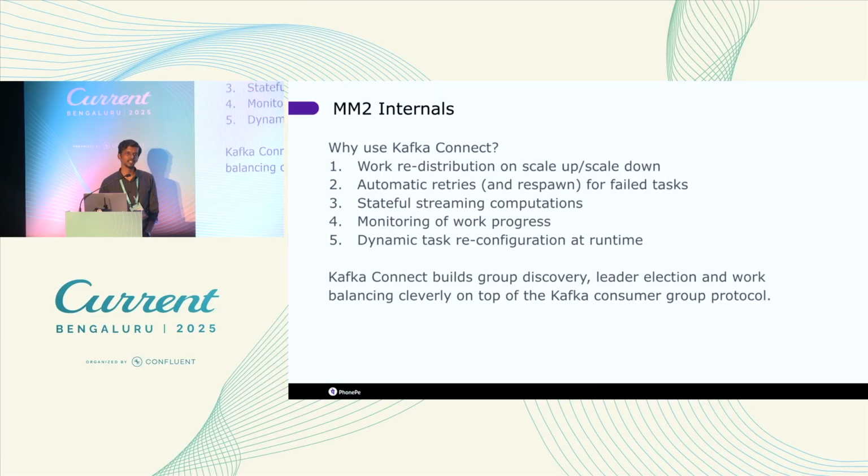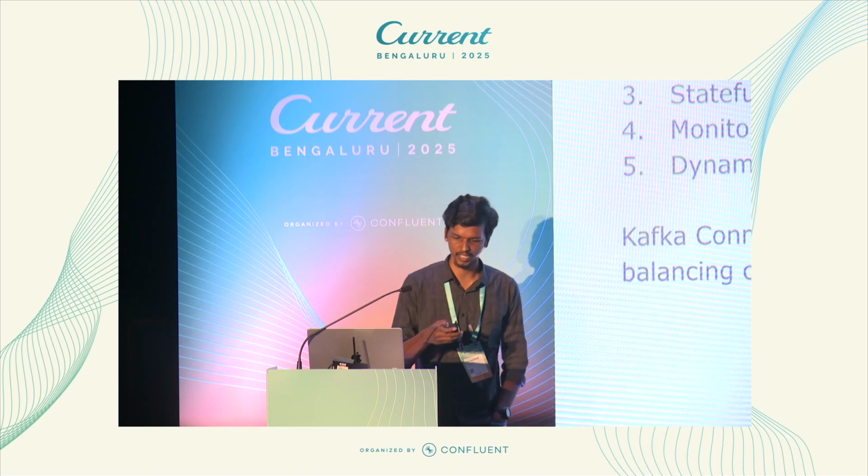Whenever you scale up or scale down workers, you want the tasks to get rebalanced across the cluster, so that the replication pipeline itself becomes horizontally scalable. It also offers automatic retries for failed tasks, stateful streaming computations, and monitoring of the work done, so that you can always recover from a known point, and dynamic task configuration at runtime.